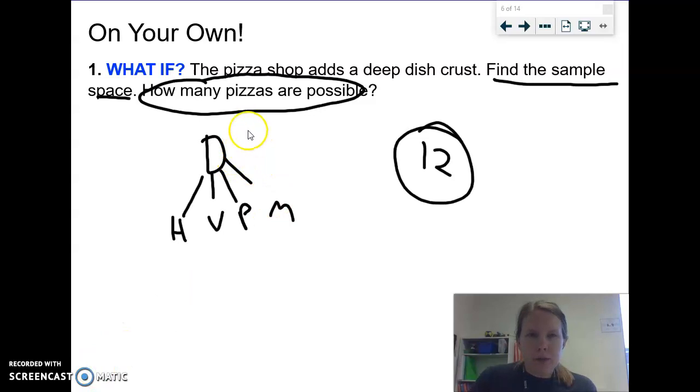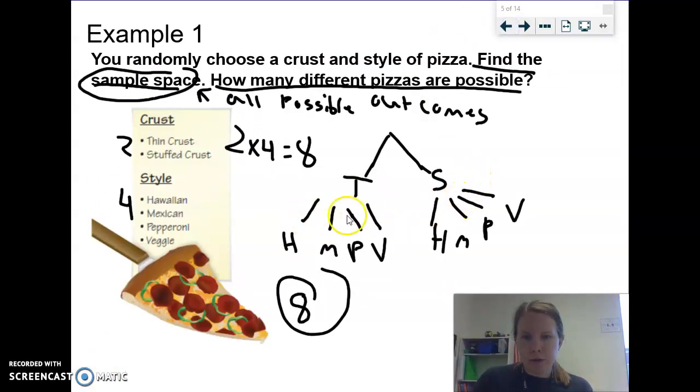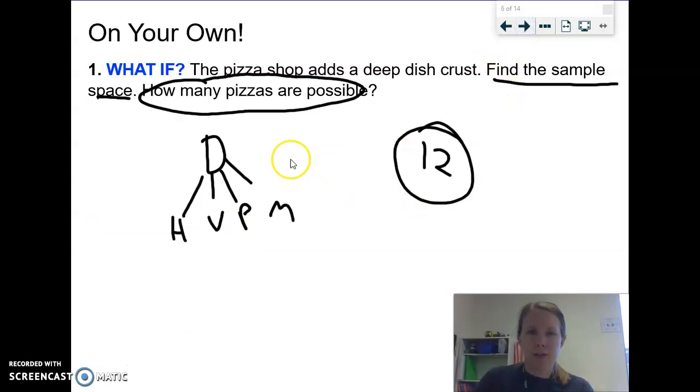If you're finding the sample space, you would want the sample space of all of this: every single thing with the thin crust, the stuffed crust, and the deep dish. I just added in the deep dish, and your types of pizza: Hawaiian, veggie, pepperoni, and Mexican.